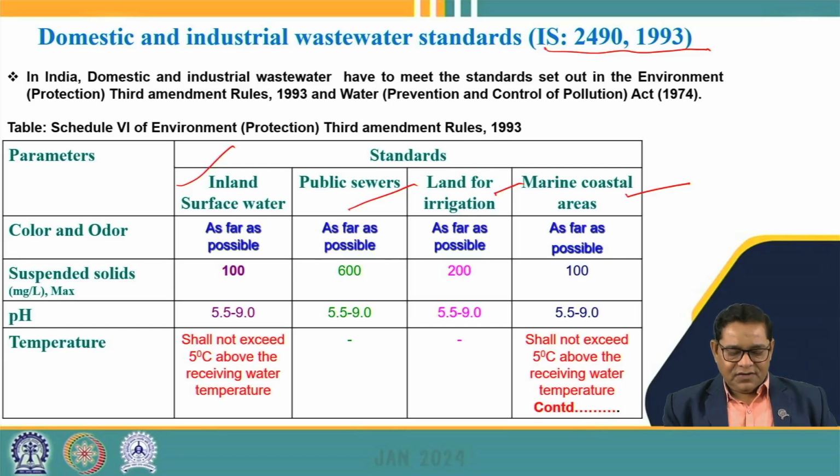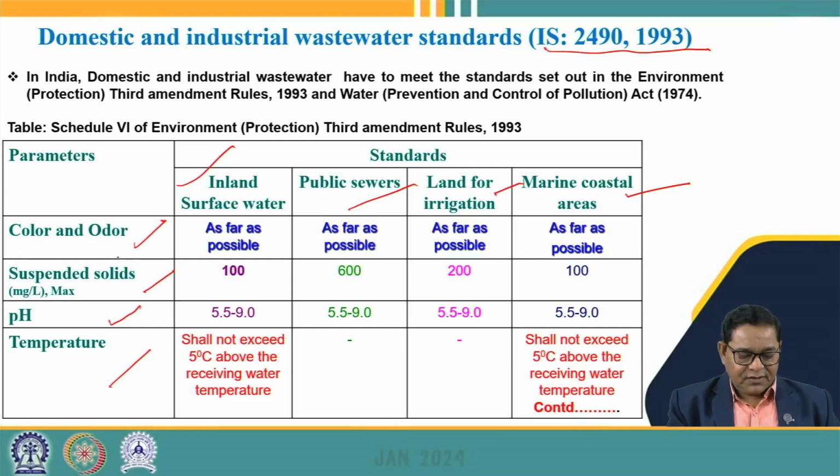So here these are different parameters like color and odor. Then there are suspended solids. Then we have pH. Then we have temperature. So these are the parameters, and these are the different standards.